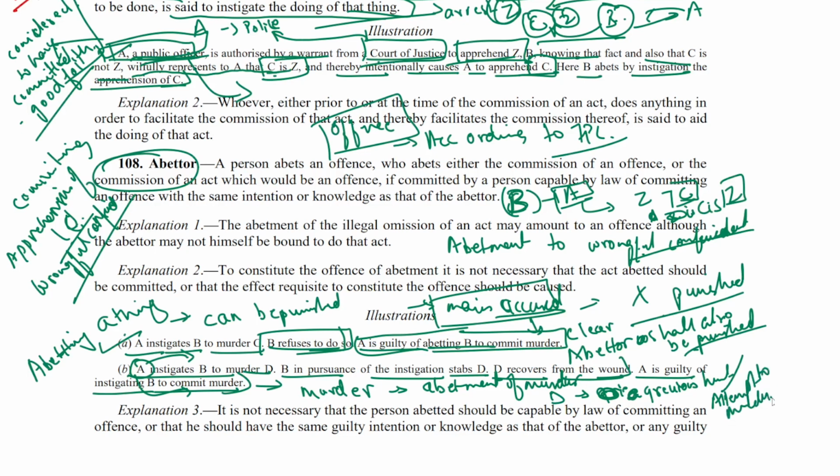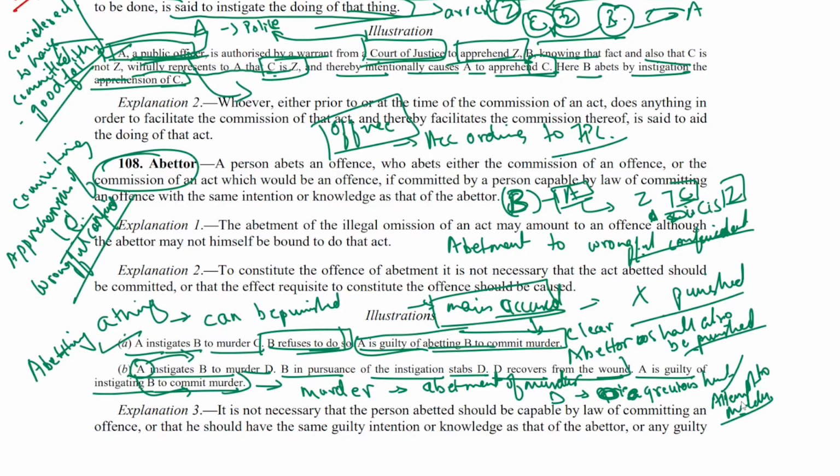So here what we understood is that abetting something can be considered a more heinous offense, because the person who is abetting has the guilty intention, and because of that instigation he is using somebody else to do that particular act in order to save himself from being the main accused.